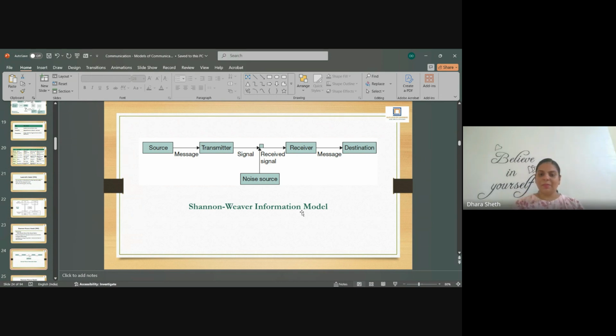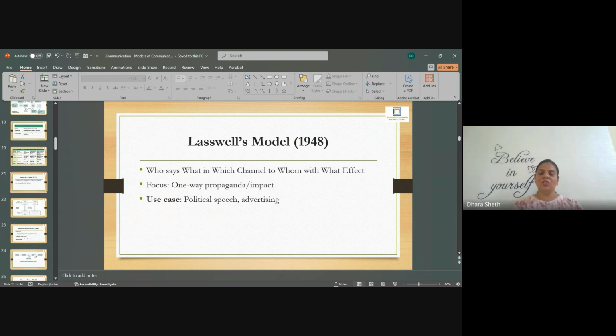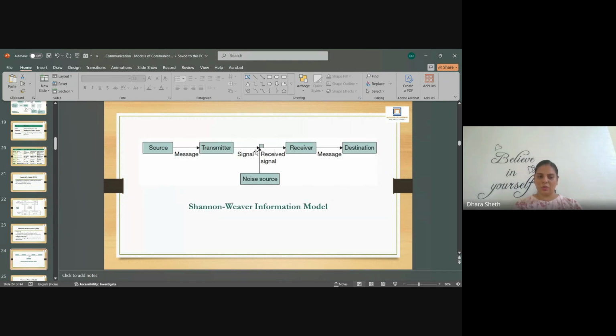Some kind of distortion or disturbance happens, which can distort the message, and then it reaches the destination. This is the Shannon-Weaver information model, the same as the previous one, but with the addition of a noise source.